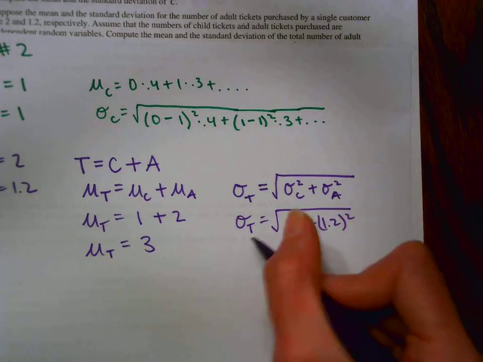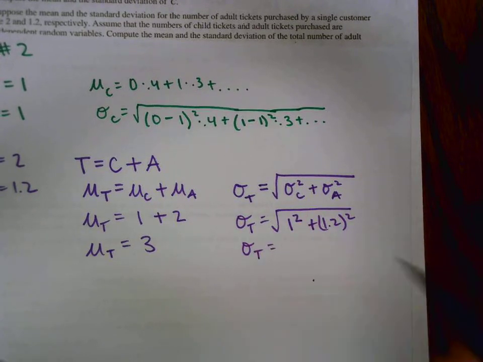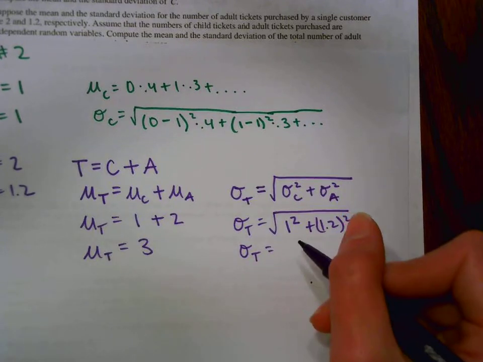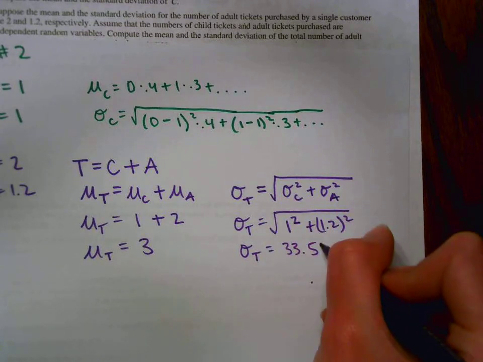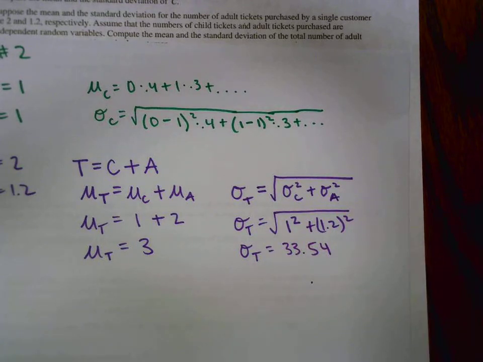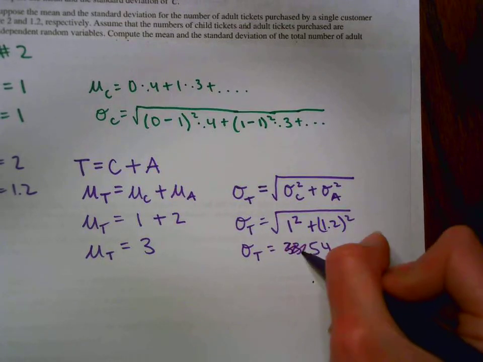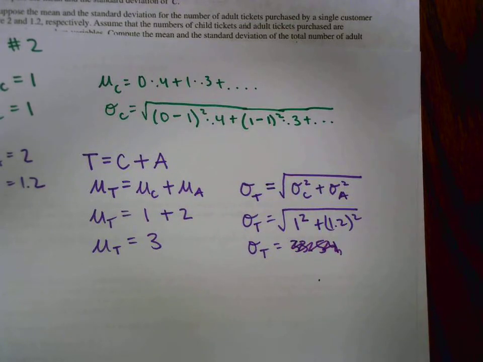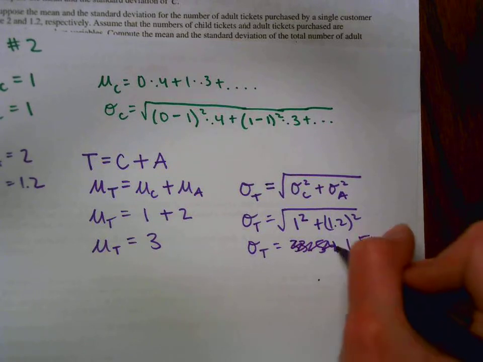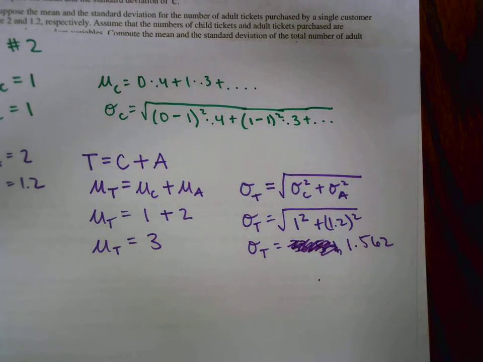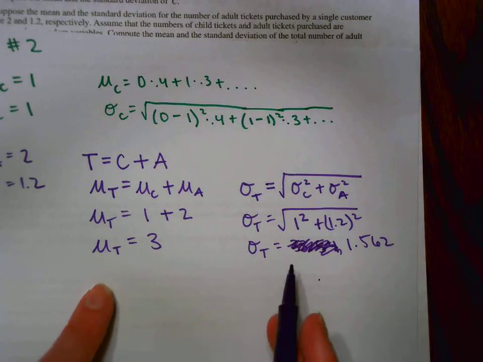And you type that in your calculator, and that makes it, do I have it? It seems off. I have 33.54. Oh, no, that's why it's off, because I was looking at the wrong one. It is 1.562. That makes a lot more sense. Okay, so that would be it for that one.